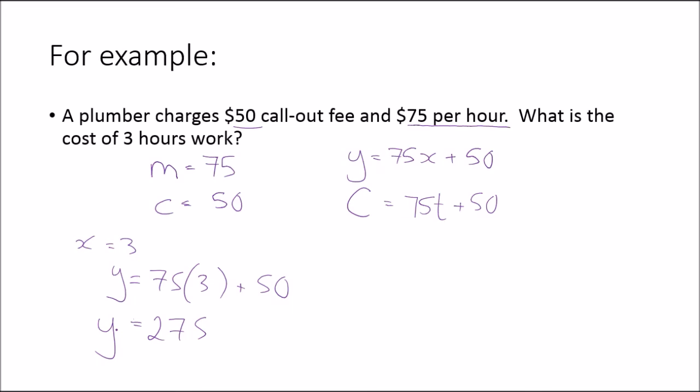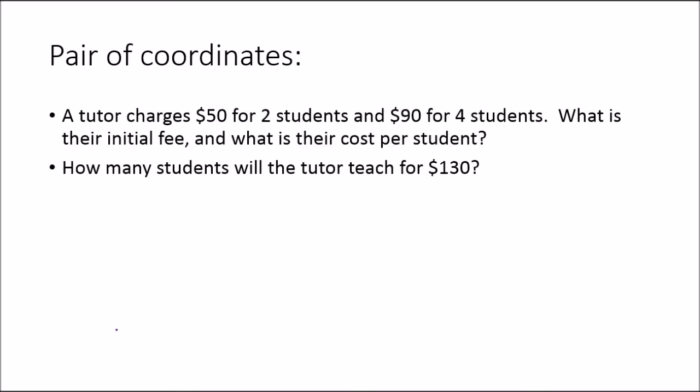So if you're only given a couple of numbers, it's probably in the form where they're telling you the gradient and they're telling you the y-intercept. If you've got a pair of coordinates, you're going to get four numbers, and the important thing about them is that they always are pairs of values, if you like. So we've got a dollar figure here and we've got a dollar figure here. We've got a number of students here and a number of students here.